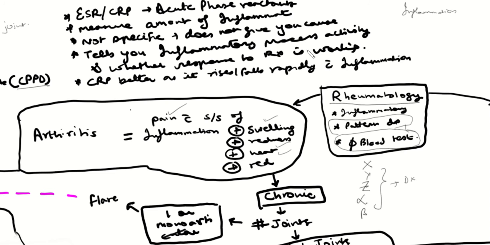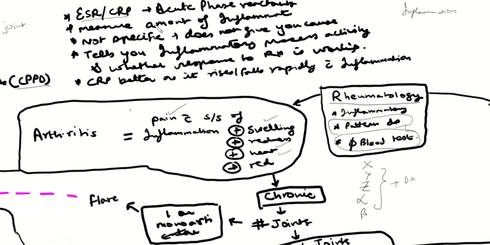Or this inflammation could be in the body, or both. So again, if there's inflammation in the body, one can use tests such as our acute phase reactants or acute phase proteins that we've already talked about. We can actually draw somebody's blood, measure it, and they're going to be elevated. Two of them are ESR, erythrocyte sedimentation rate, and CRP, C-reactive protein.